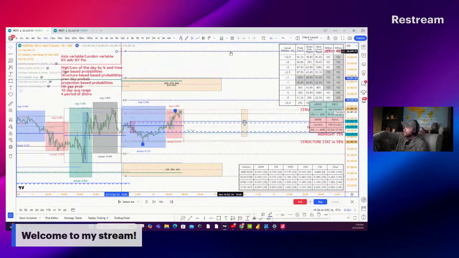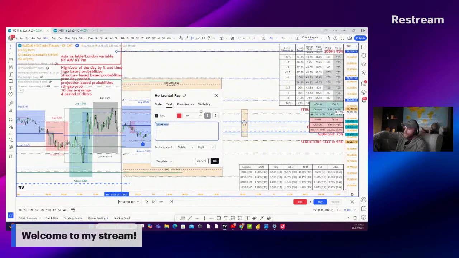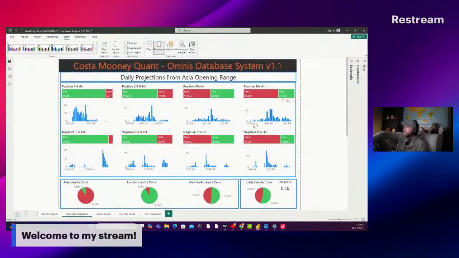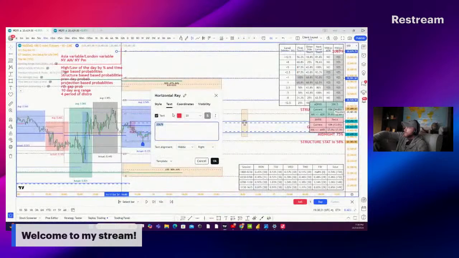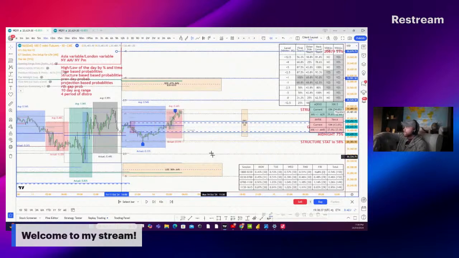You see this 8, and that has a 31% probability, right? And these are the first hit times, based off of what Asia has done and what London has done. It gives you the probabilities of it, right?